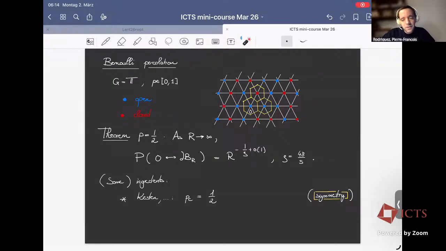The symmetry I'm alluding to is called planar duality. I've tried to show you what that means in the picture. You can actually take your triangular lattice, and that's where the triangular lattice first comes in convenient, and you can draw these little hexagons that I drew in yellow. This is what's called a dual lattice.